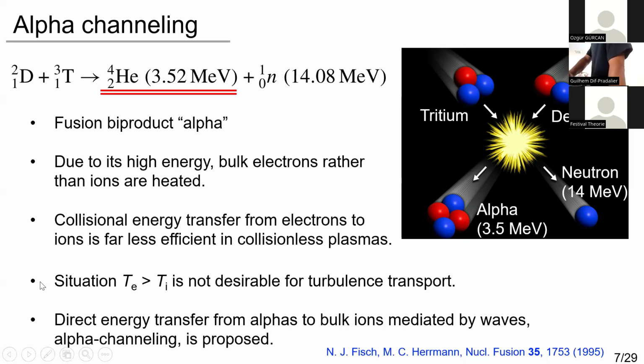What's more, the situation where the electron temperature is larger than the ion temperature is not desirable for turbulence transport. So direct energy transfer from alphas to bulk ions, mediated by waves and not mediated by electrons, is desirable, which is called alpha channeling. This is quite a beneficial scenario, and many studies are dedicated to alpha channeling or energetic particle channeling.